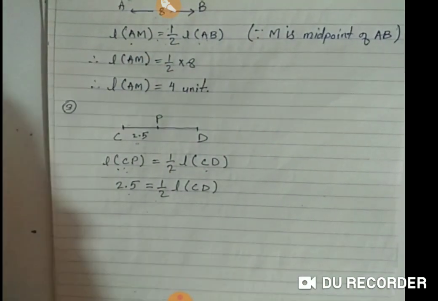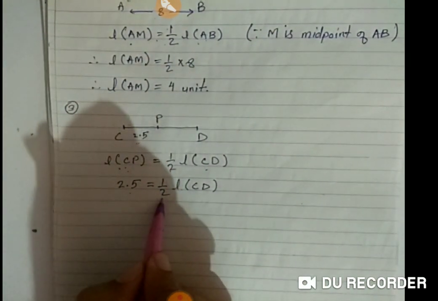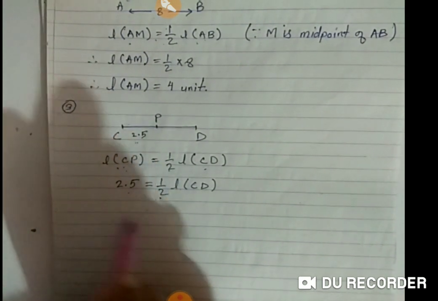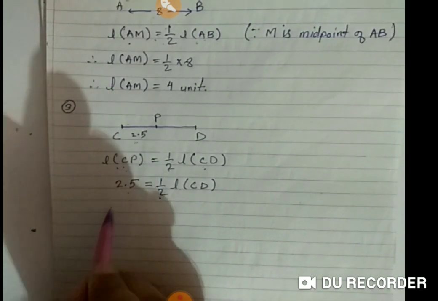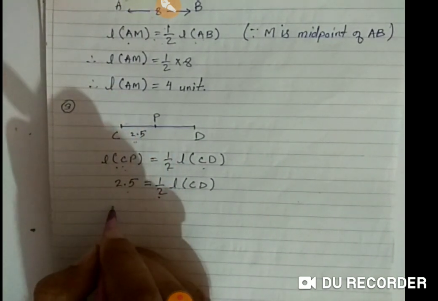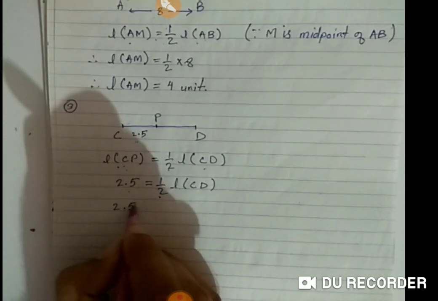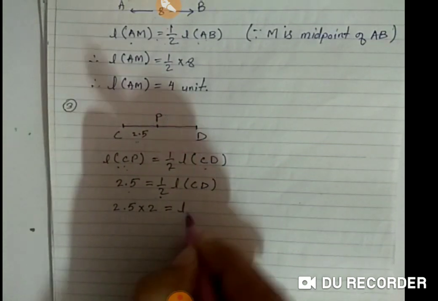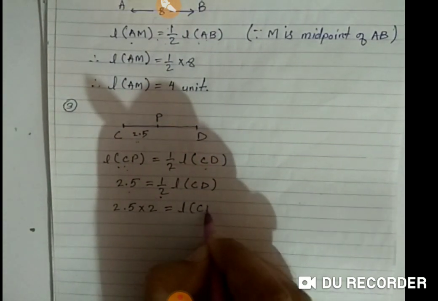Now this 2 is dividing on the right hand side. When you send it to left hand side, what will it do? It will multiply with 2.5. So here you can say 2.5 into 2 equals length of CD.